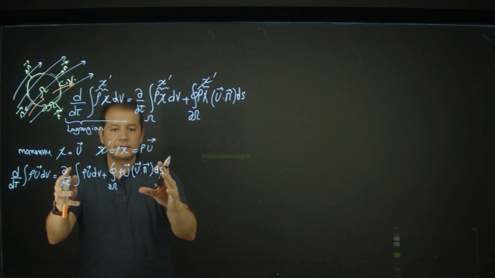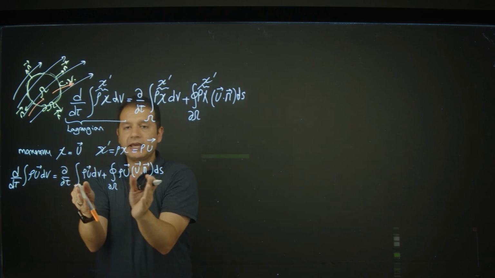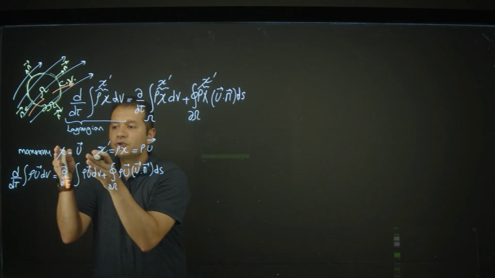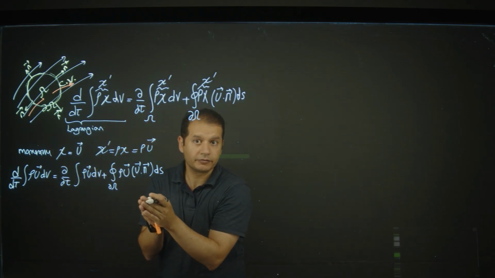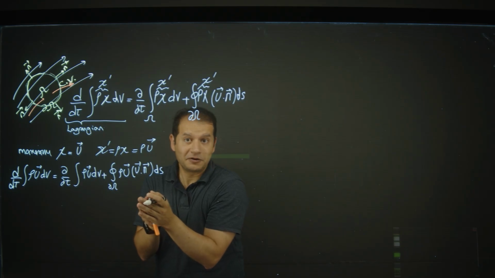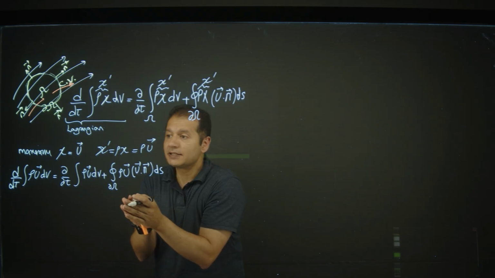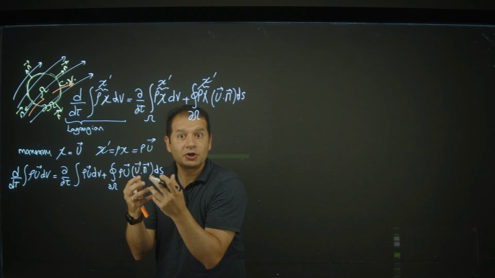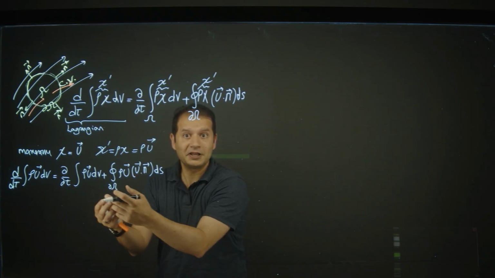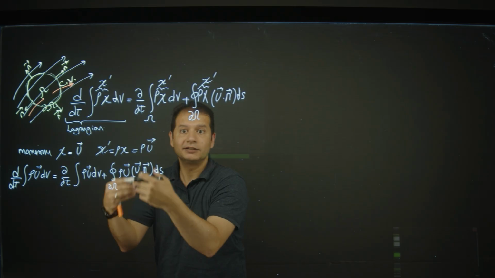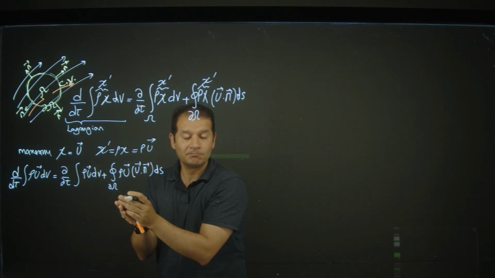So this is my expanded Eulerian way of the total change of momentum. What we know from Newton's second law of motion is that the summation of forces is equal to ma, the change over time of momentum, right?